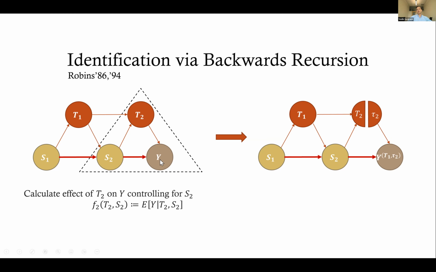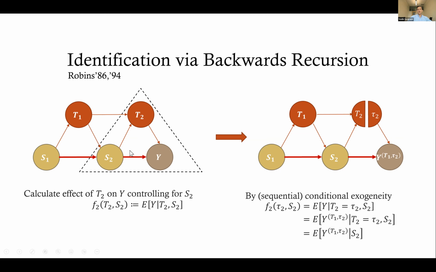What would be the mean counterfactual, the mean outcome under such an intervention? Of course, this is just a static treatment problem. We can estimate that by estimating the effect of treatment 2 on the outcome controlling for S2. So based on the G formula, we will just regress the outcome on T2 and S2.